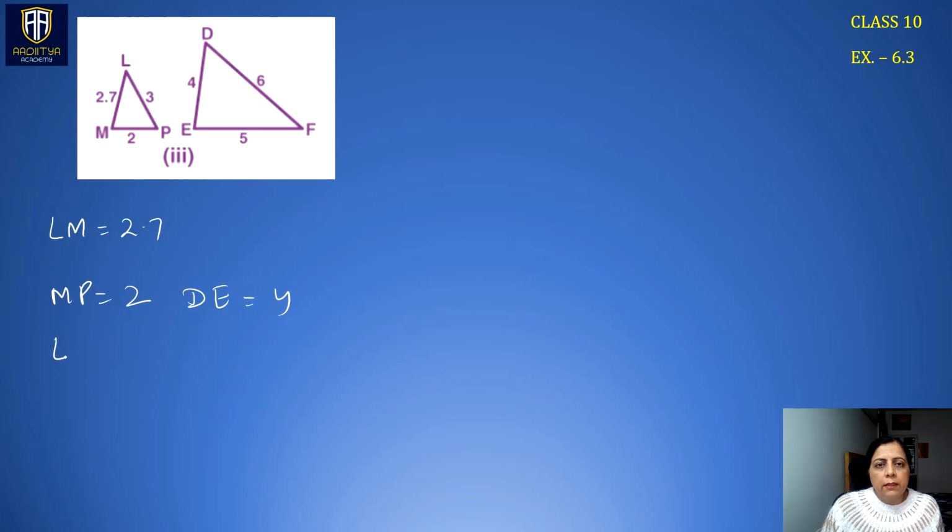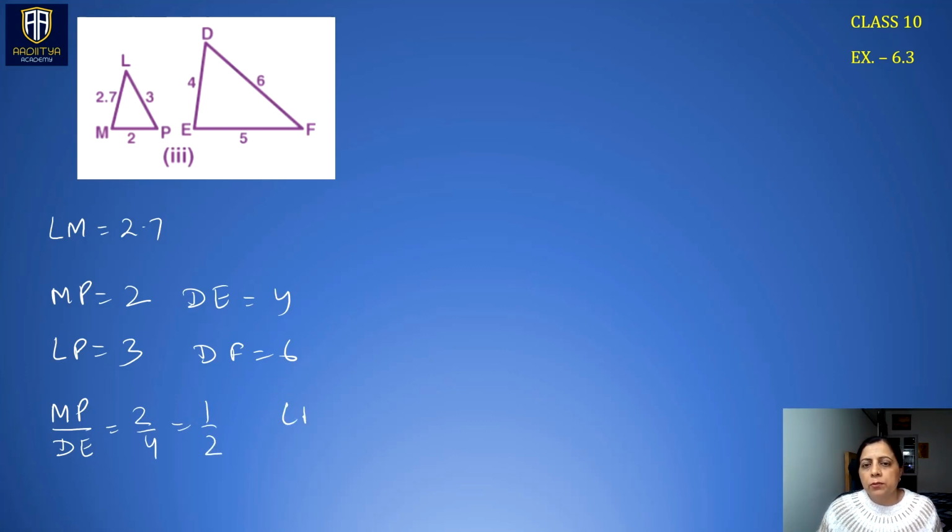If I take LP as 3, we have DF as 6. So we can see that MP upon DE is 2 by 4, that is 1 by 2. At least two sides are making a proper ratio. LP upon DF is 3 by 6, this is also 1 by 2.